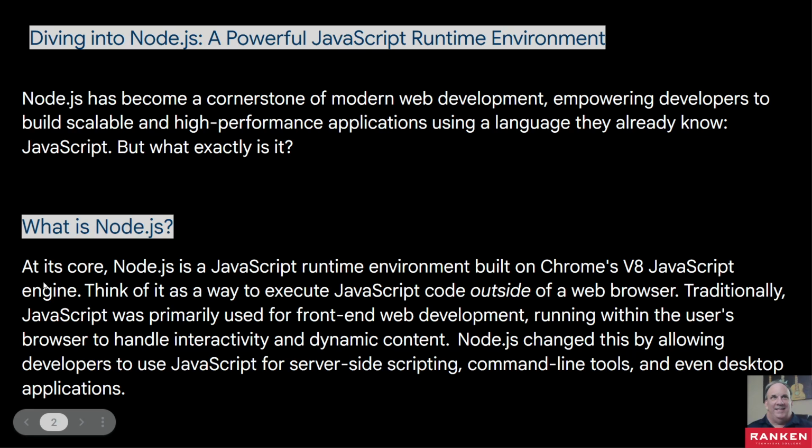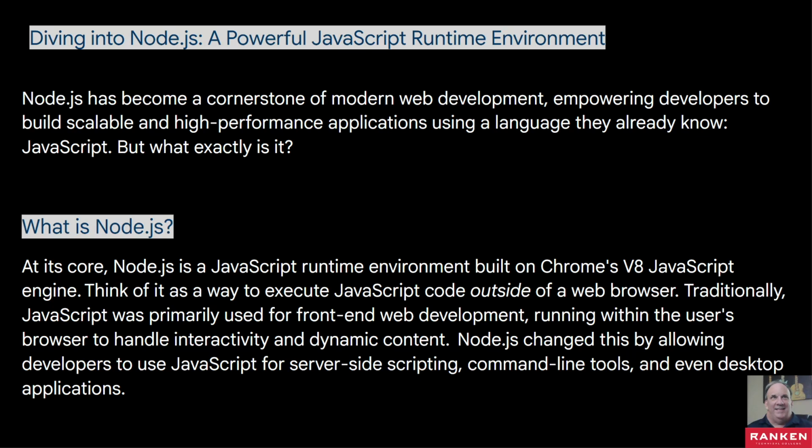At its core, Node.js is a JavaScript runtime environment built on Chrome's V8 JavaScript engine. Think of it as a way to execute JavaScript code outside of a web browser. When you're executing JavaScript within a Node environment, it has really nothing to do with the browser. We're going to look into this shortly.